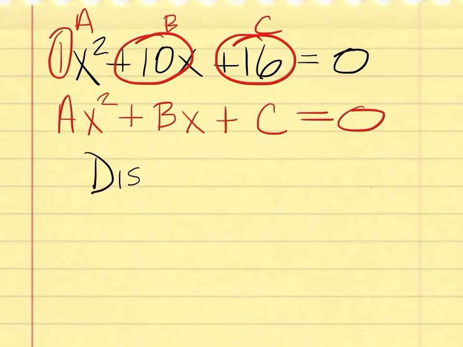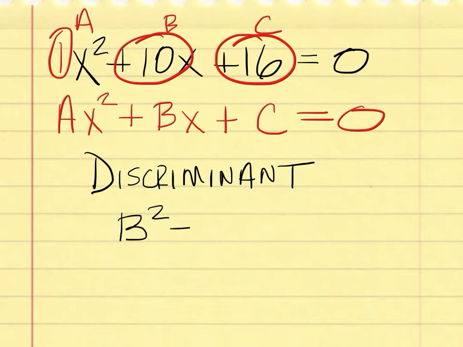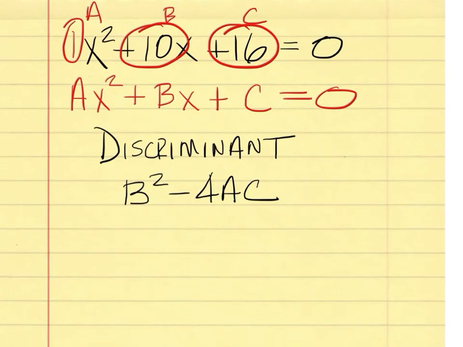This is what we're doing first, the discriminant. The discriminant is b squared minus 4ac. The purpose of the discriminant is to let you know how many solutions the quadratic equation is going to have before you work it out. If the solution to the discriminant is greater than 0, then you will have two solutions.